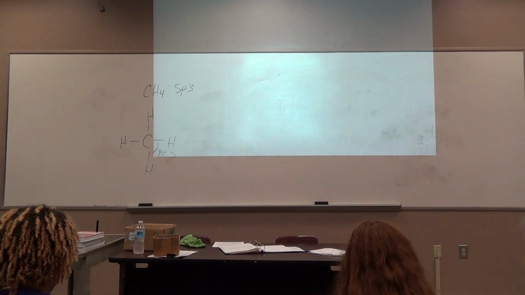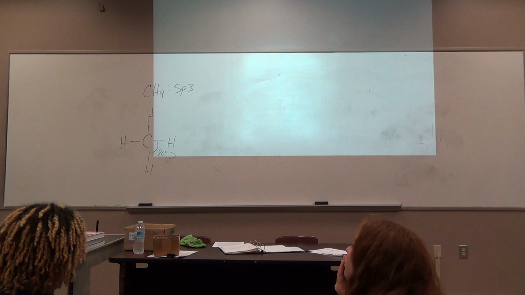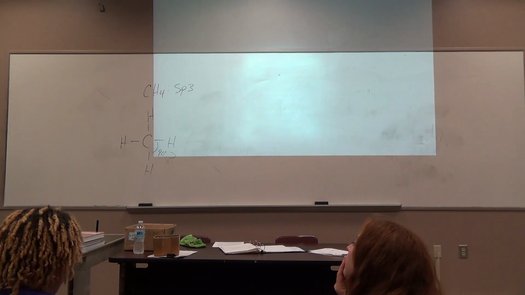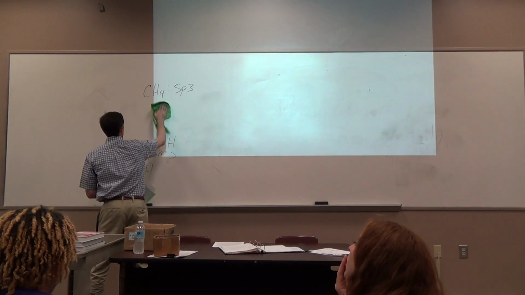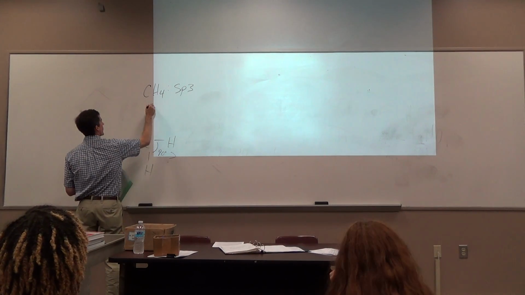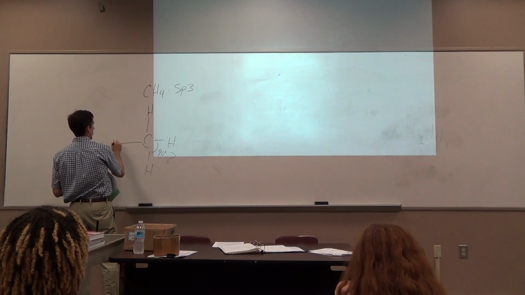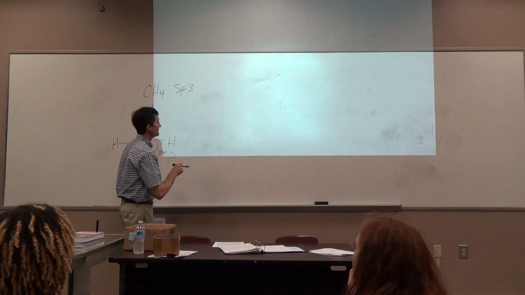What is hybridize? That's just a fancy word for mix. Okay? Mix or combine. Ultimately, what we're going to show is, I don't want to erase that one. Try to leave that.